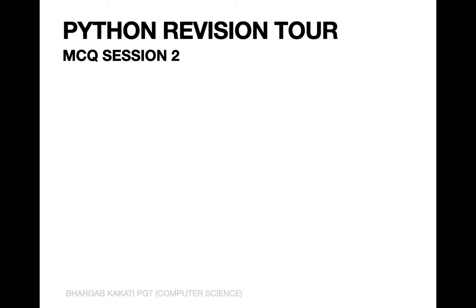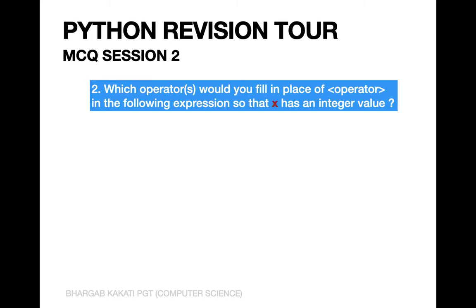Let's go to the second question, which says: which operators, that means you can select one operator or more than one operator, would you fill in place of operator in the following expression so that x has an integer value? This is the expression: 33 operator 4.